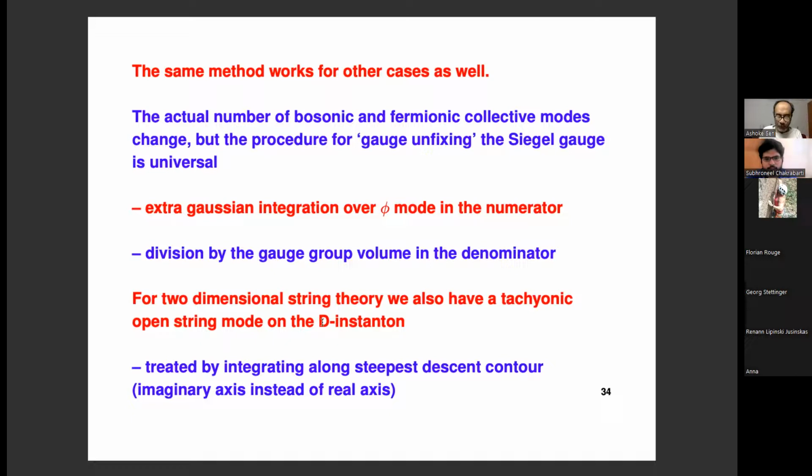It will try to minimize its action, and it goes and sits in the highest coupling region. But nevertheless, we know the exact description of the instantons in Liouville theory. These are these ZZ branes. And that's what we use.